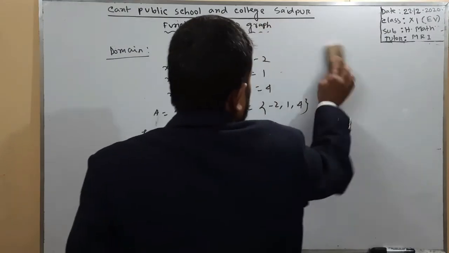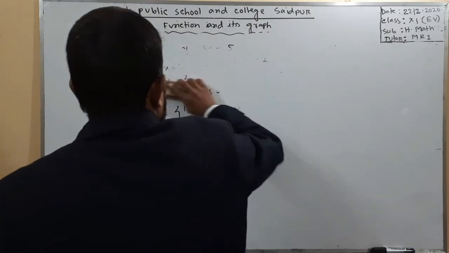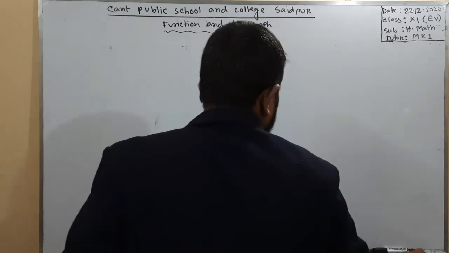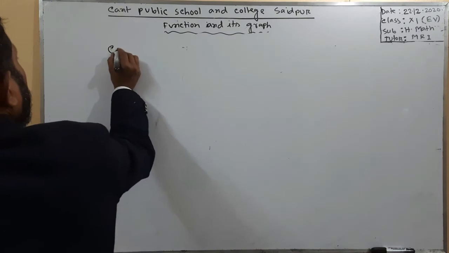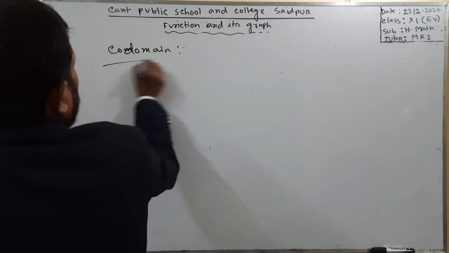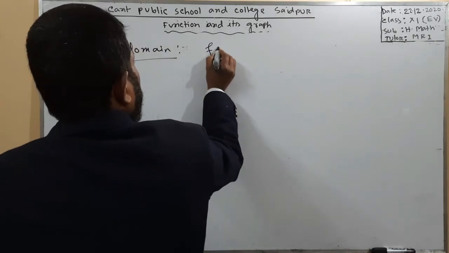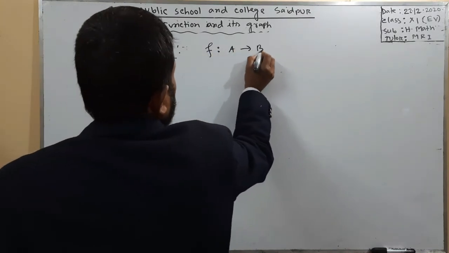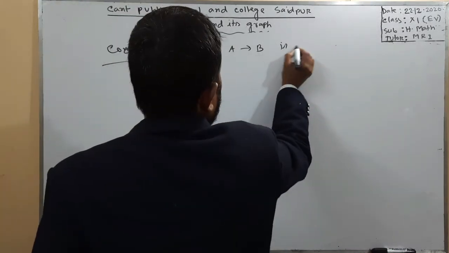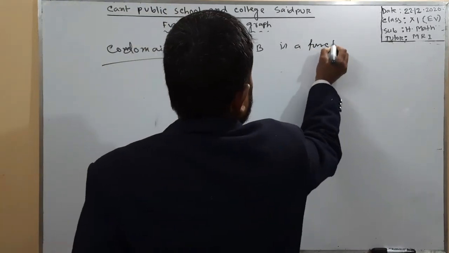Now I'll discuss codomain. Suppose f such that A tends to B is a function.